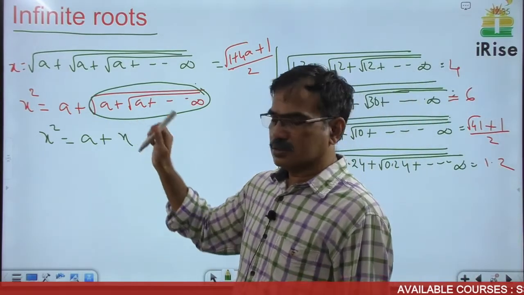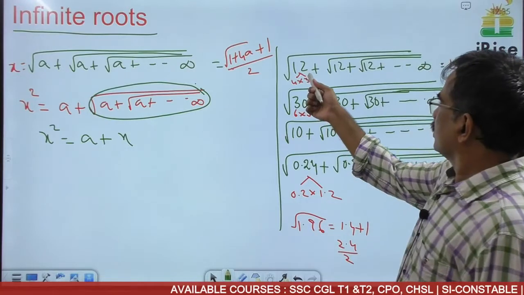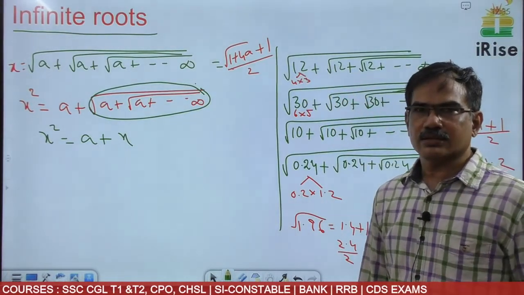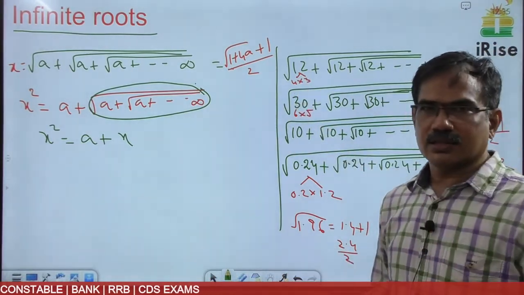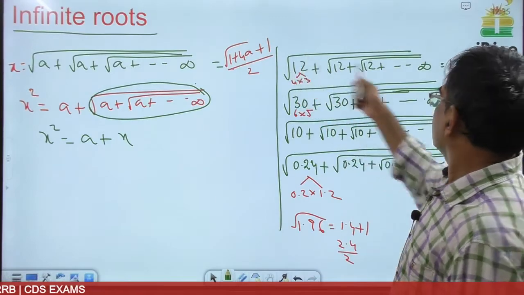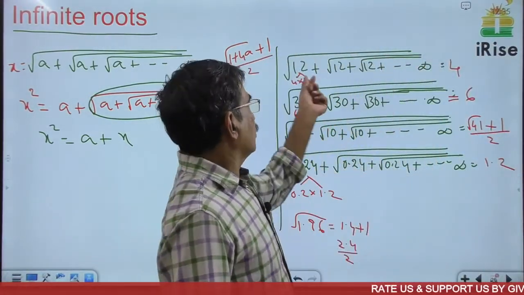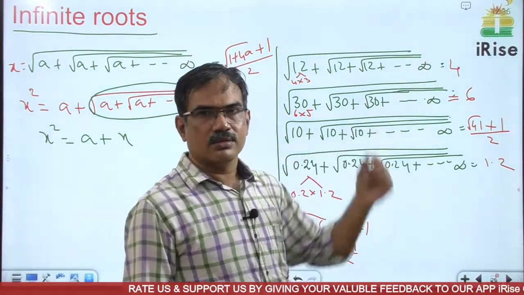Actually, a very important concept is that root of 12 is not an integer. If this is not an integer, how do we get the answer as an integer? These 12, 12, 12, 12 are not perfect integers.